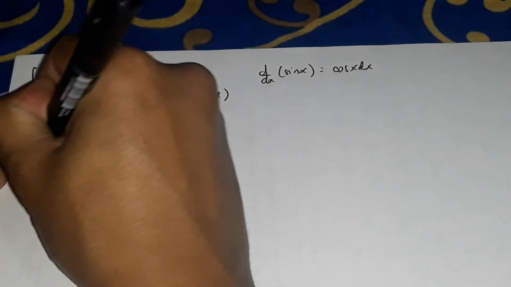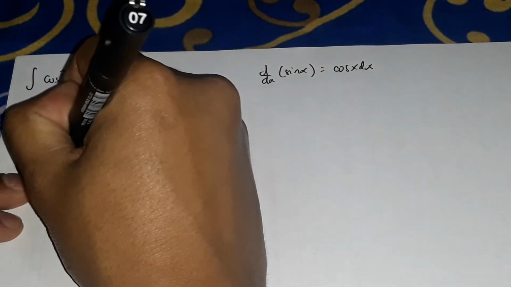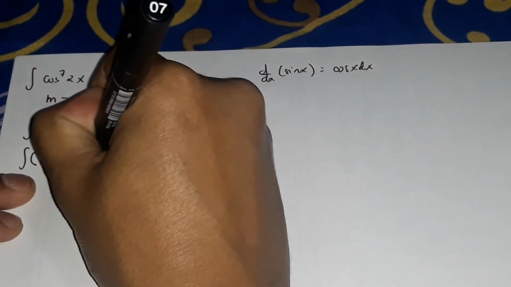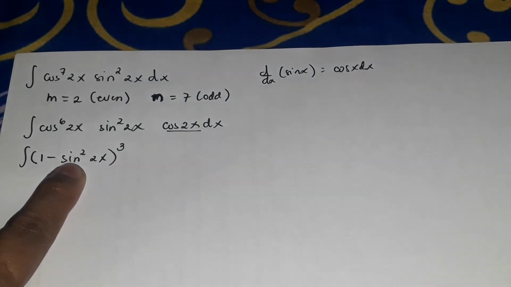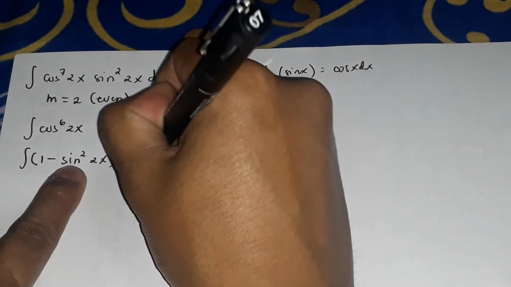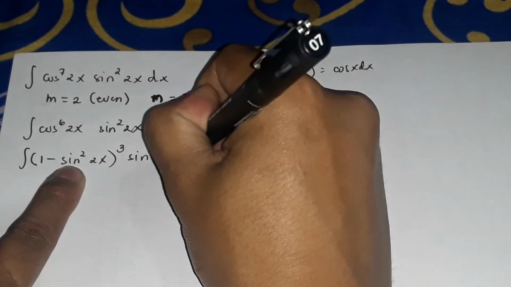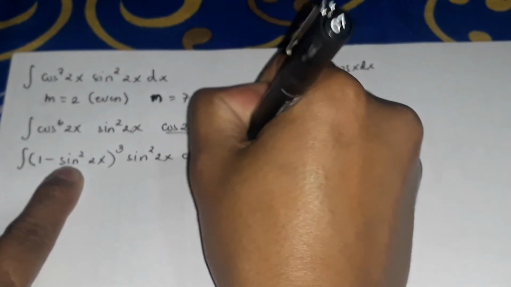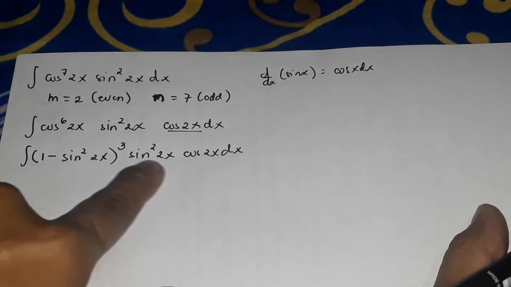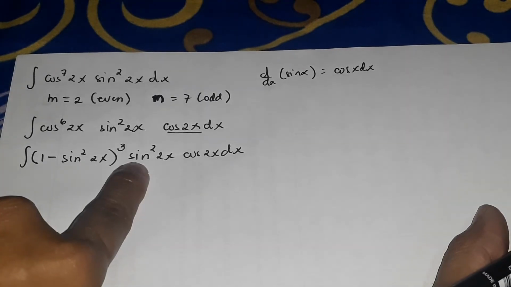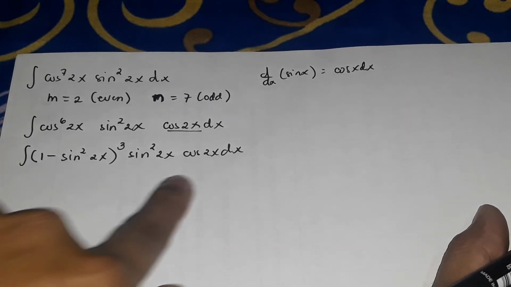Okay? So we have 1 minus sine squared 2x. Again, this is your cosine squared. Raise it to the third power to make it 6. And then copy again sine squared 2x. Copy cosine 2x dx. So again, what did you notice is that everything here is now written in terms of sine. And again, the derivative of sine is your cosine.